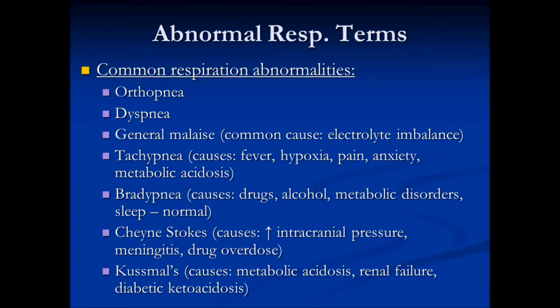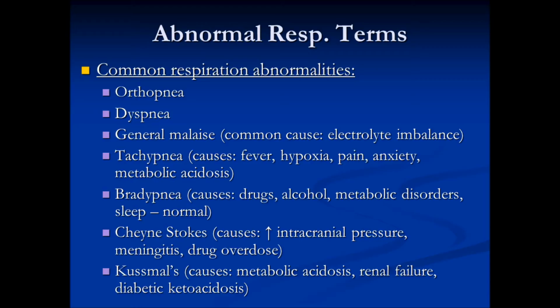Okay, we talked about hypopnea and hyperpnea, but there are some other common respiratory abnormality terms you need to know. Orthopnea should be familiar to you already, and that is the need to sit upright in order to breathe.